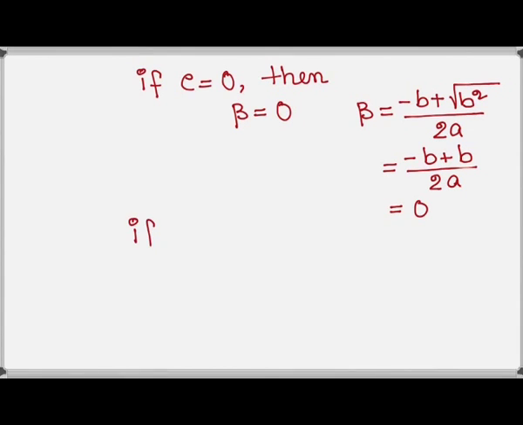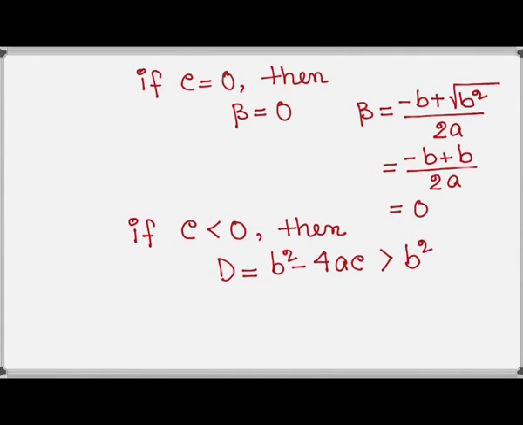If c is negative, that is c is strictly less than 0, then we have D equal to b square minus 4ac is strictly bigger than b square. So therefore square root of D is strictly bigger than b, as D and b both are positive.